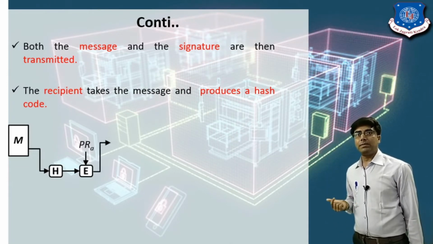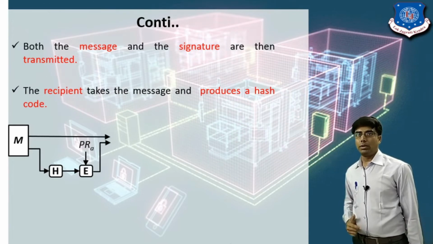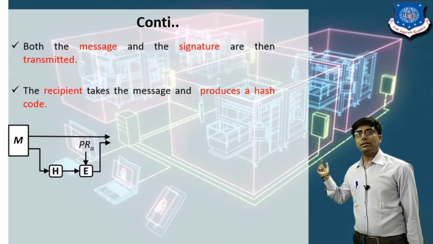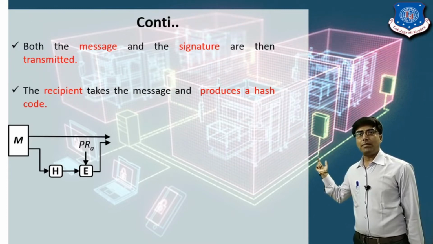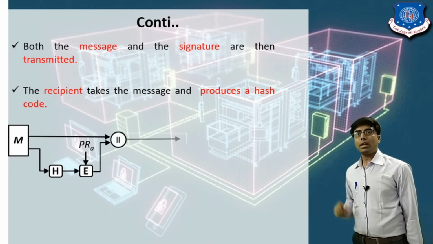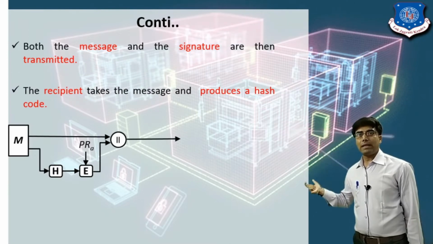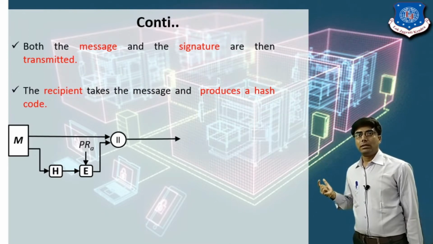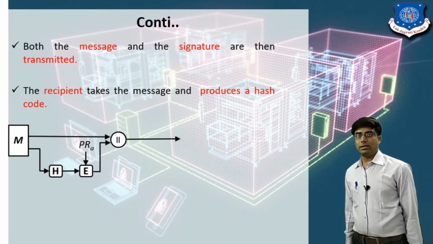After applying the encryption, it generates one code, which is called the signature. Now this encrypted text and the message are appended, and both the message and the signature are then transmitted to the receiver.